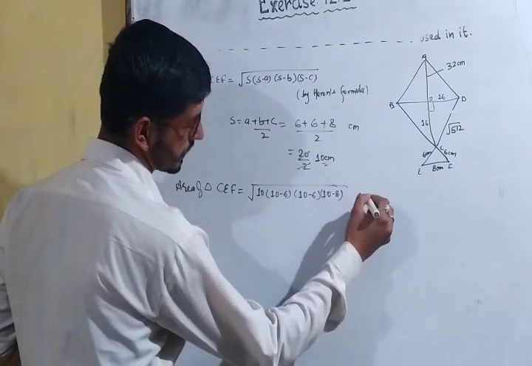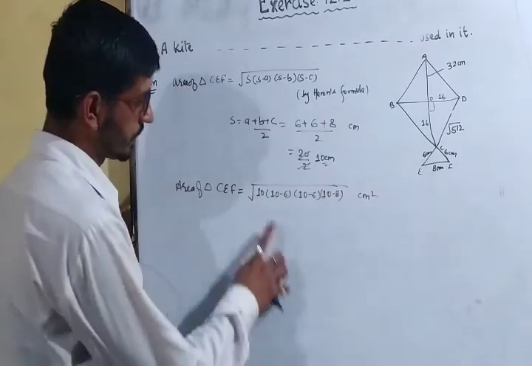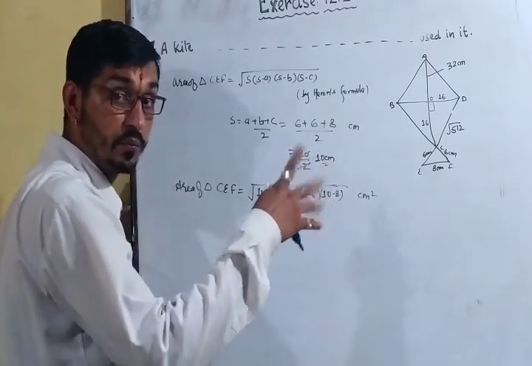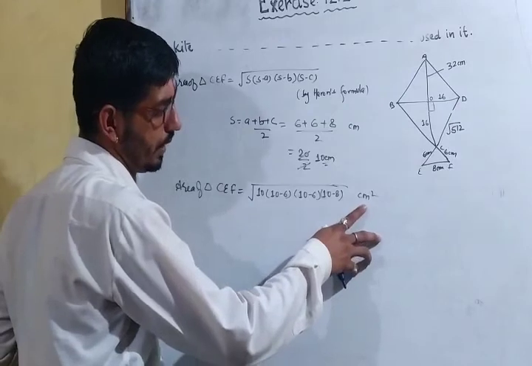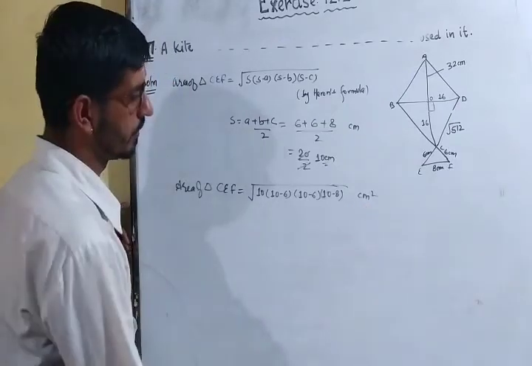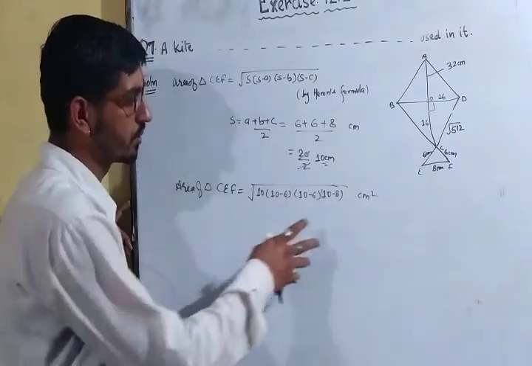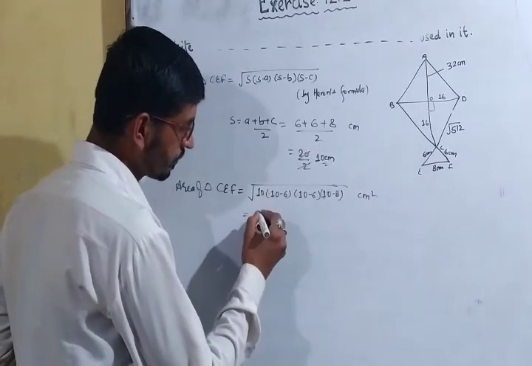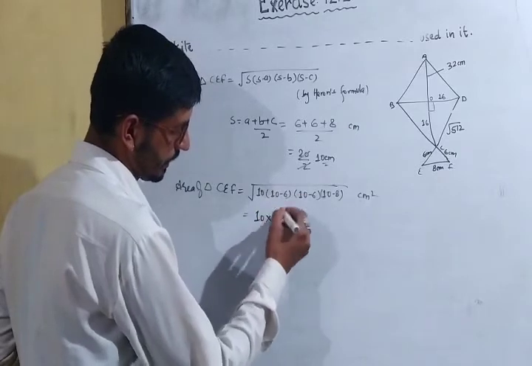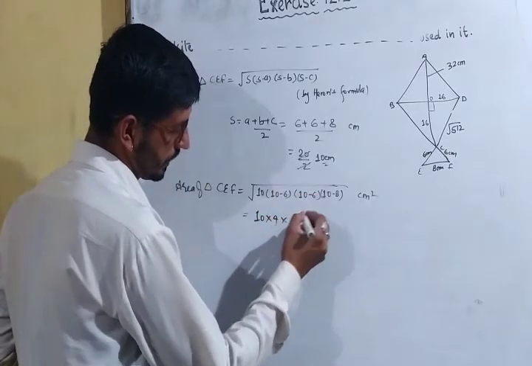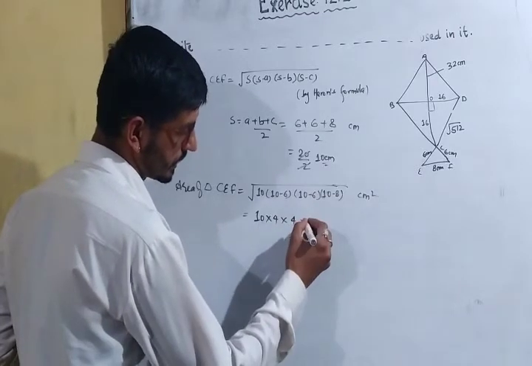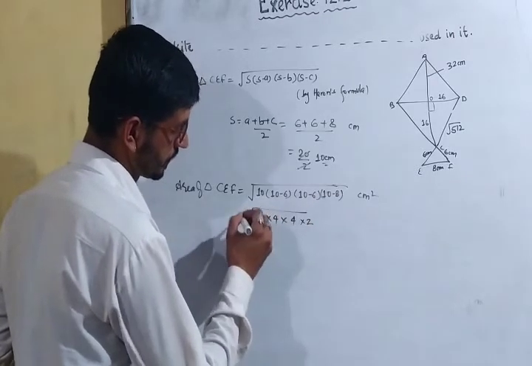What will the answer be in centimeter square? Centimeter to the power 4 inside, and outside centimeter square, after we remove the under root. So 10 into 10 minus 6, which is 4, 10 minus 6 which is 4, and 10 minus 8 which is 2.